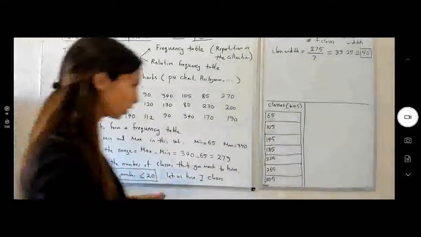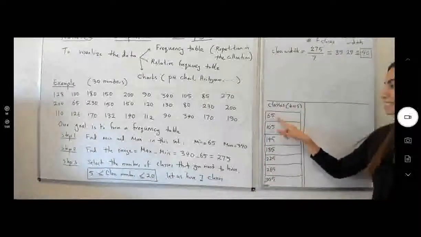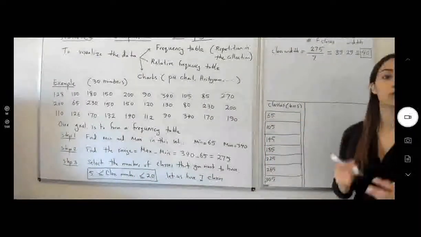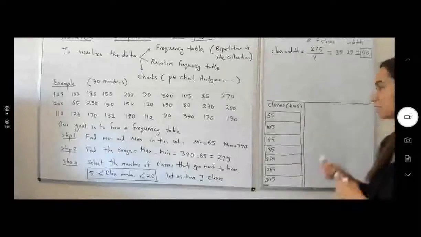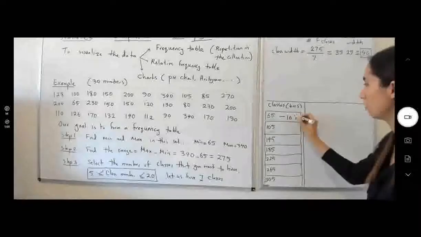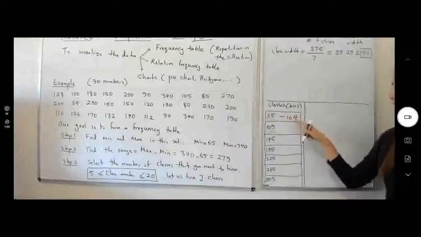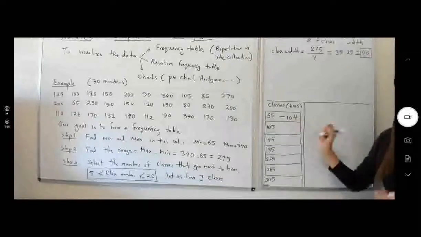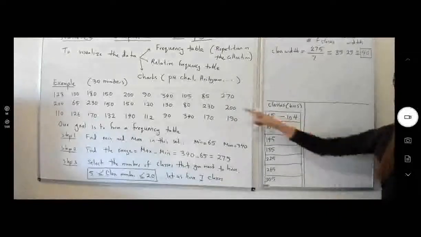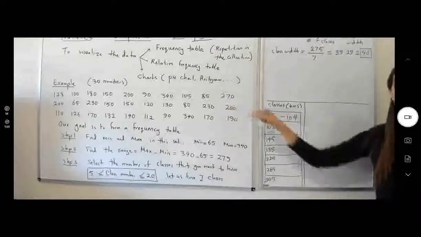Very well. So my lower limit for my first class is 65, and the upper limit is 104. So my first class starts at 65 and stops at 104. How many 65s do I have in my collection? How many 66s?